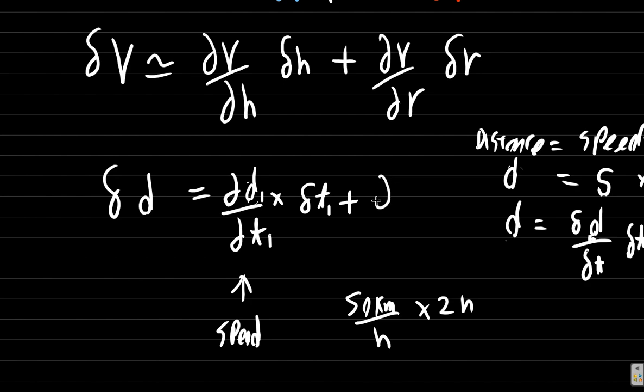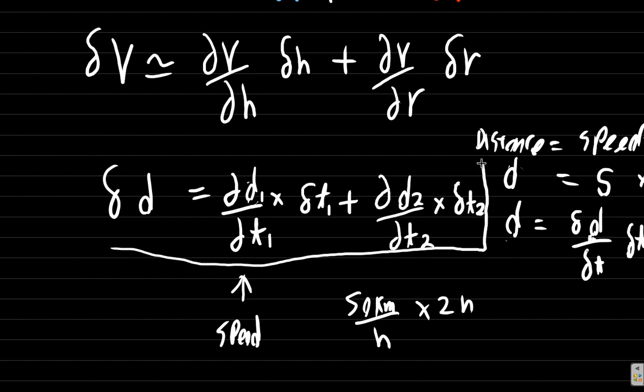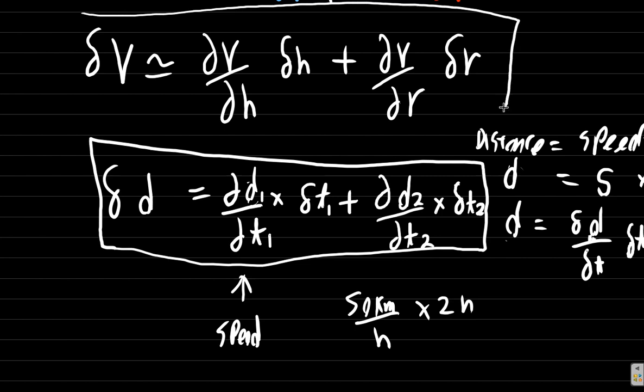So that's the rate of change of distance 2 with the time that the second leg takes, times how long that second leg of the journey takes, time 2. Alright? So you see the comparison between this and this.